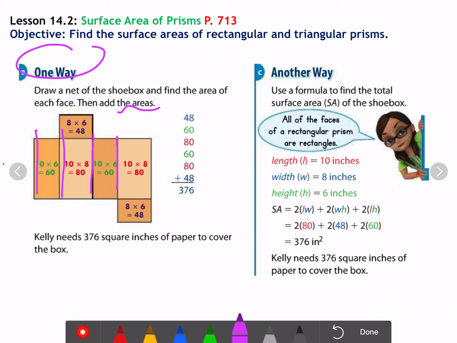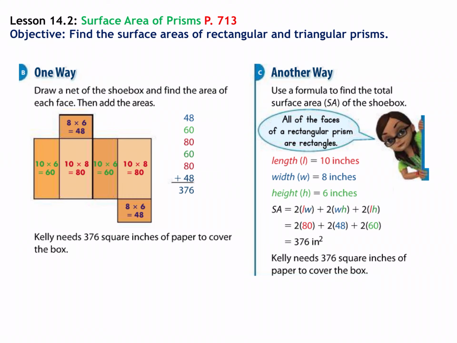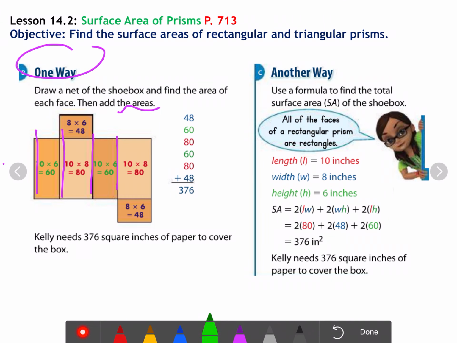In each rectangle, I need to find the area by using the length and the width. Here, for example, this rectangle is congruent with this rectangle, with a length of 10 and a width of 8. So they both will be 80.